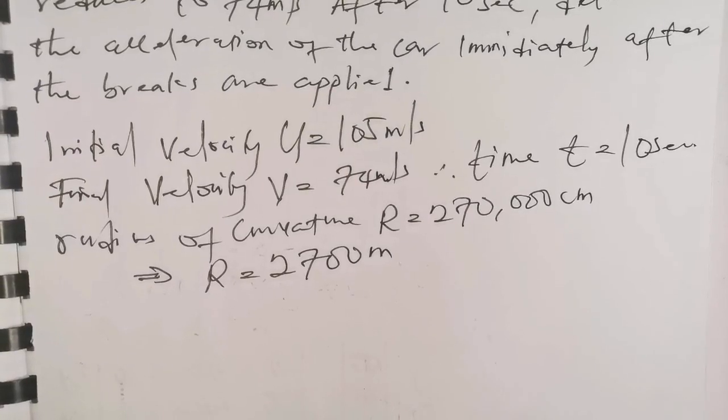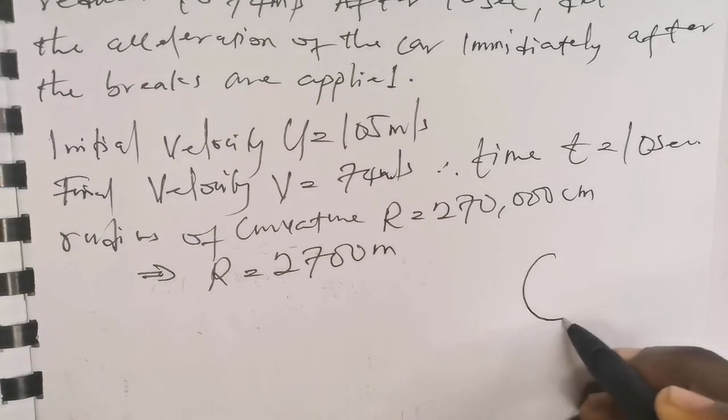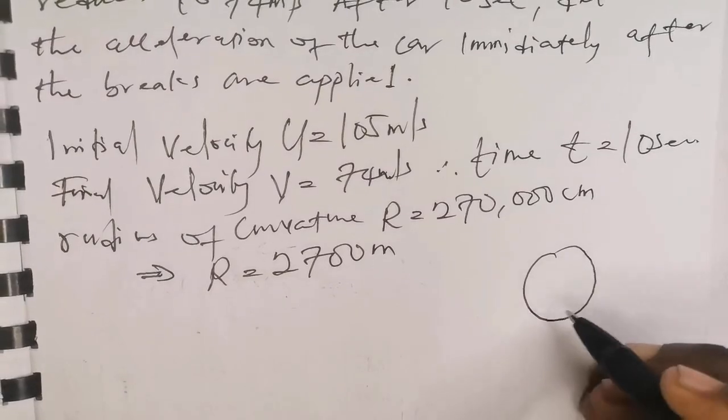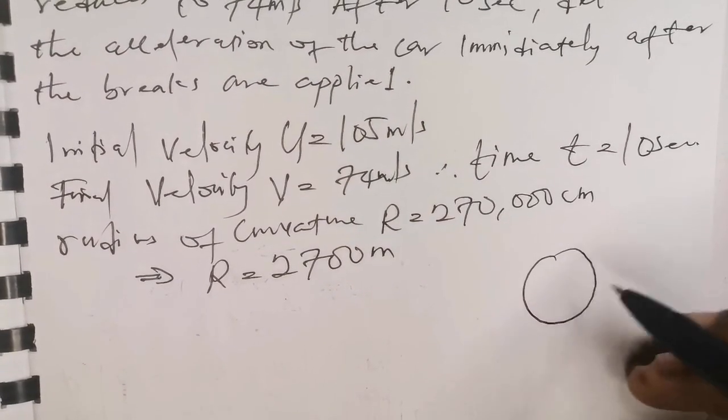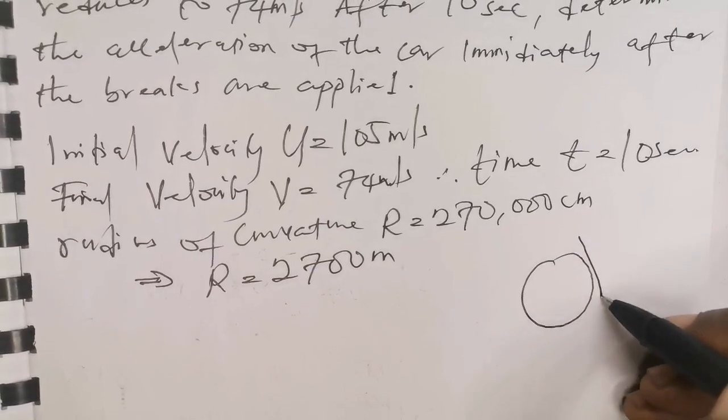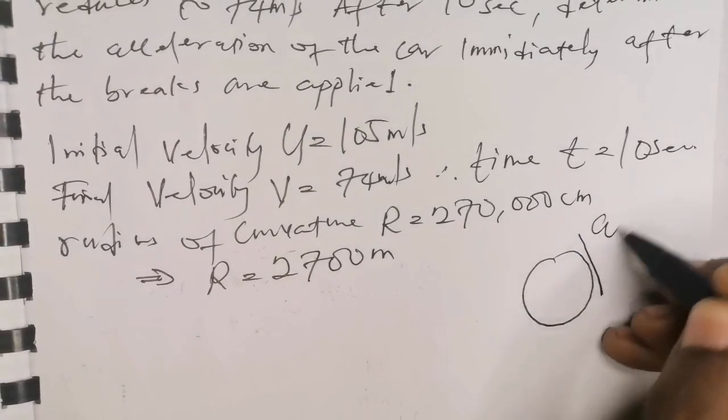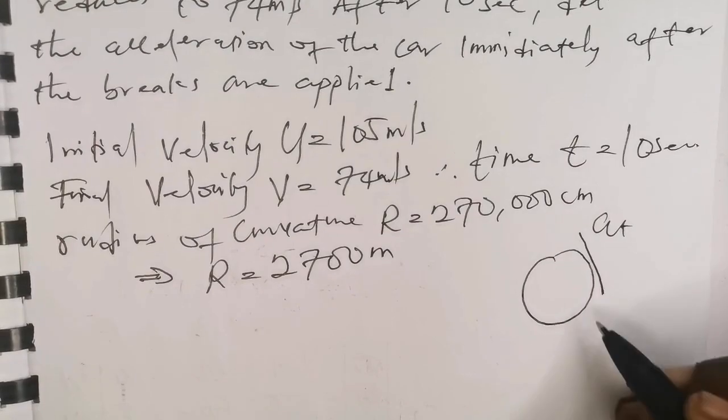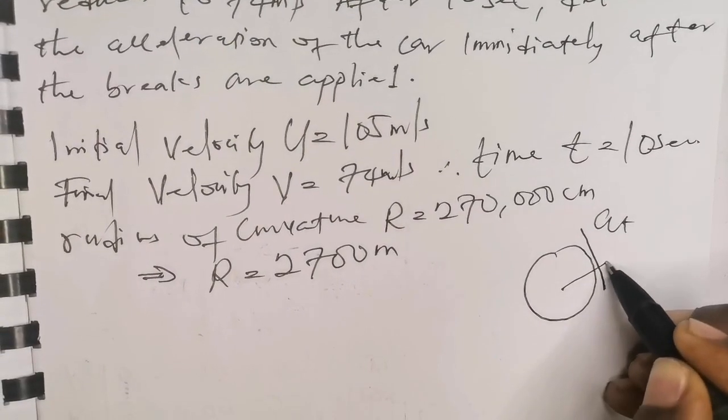So I said whenever motion is made on a curved path, we have two types of acceleration. We have the tangential acceleration and then we have the normal acceleration. If you have a circle, the tangential acceleration is the acceleration tangent to the circle, something like this. This is called a_t, whereas the normal acceleration is at 90 degrees to the tangential acceleration.